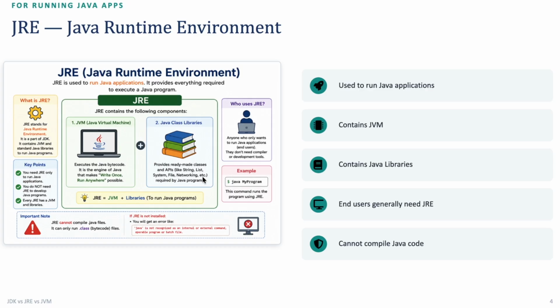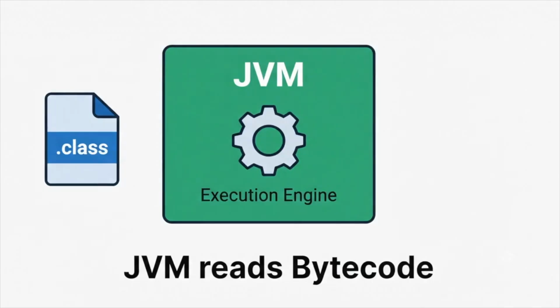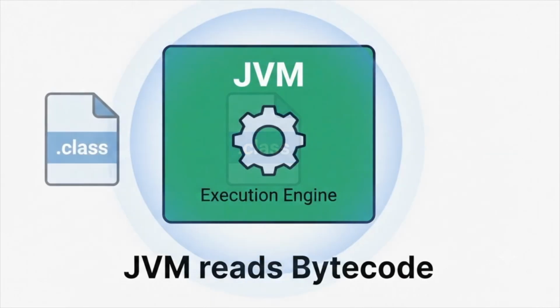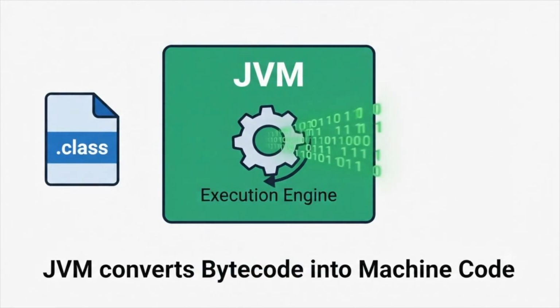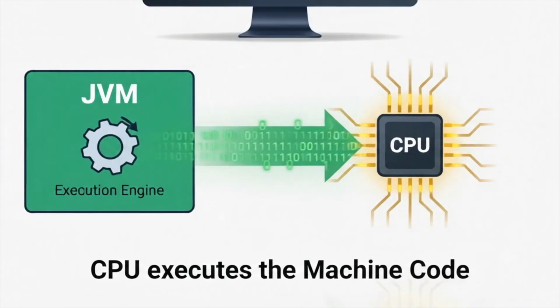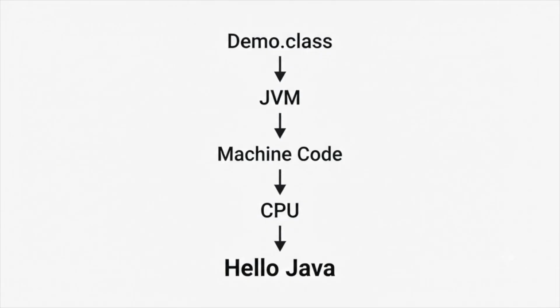The Java class library helps to understand your code, and it is the Java Virtual Machine's duty to run your code. So JRE contains the Java Virtual Machine, JVM. It's the duty of JVM to run your code, to convert your compiled code, which is bytecode, into the machine code. So JVM converts your bytecode into machine code, which can be understood by the CPU. Now the CPU will understand your code and give you the output.